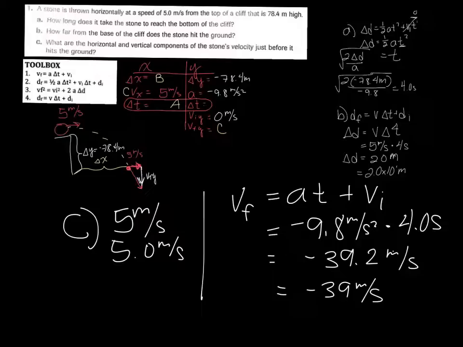All right, and notice that my horizontal velocity is still positive. It's still going forward to the right, and my final velocity in the vertical direction is negative because it's going down. There you go. There's your first problem. Let's move on to our second.